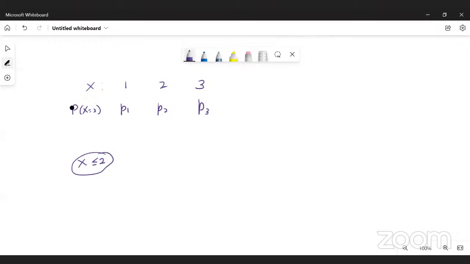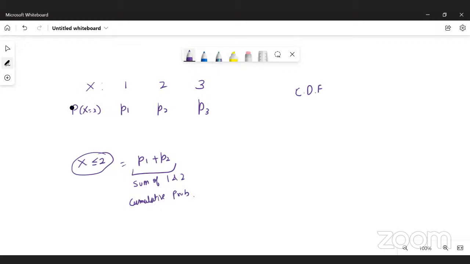Whenever we need to find this, only 1 and 2 count, so P1 and P2. It's nothing but the cumulative probability of 1 and 2, the sum of the two probabilities.